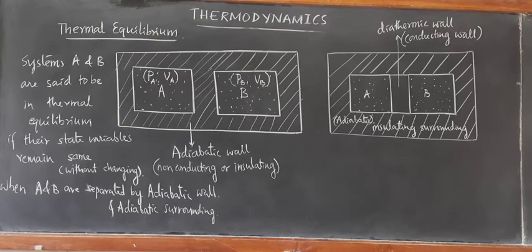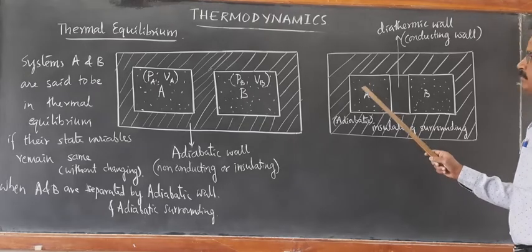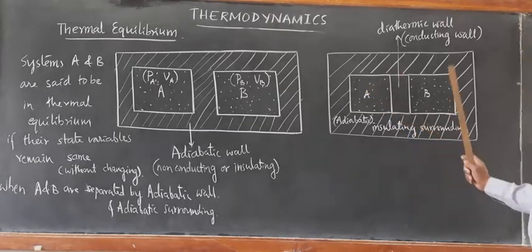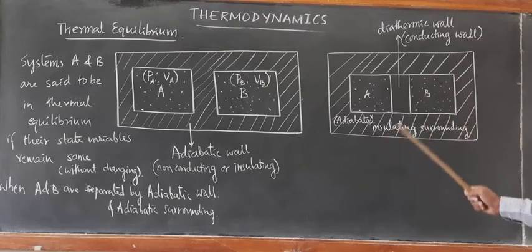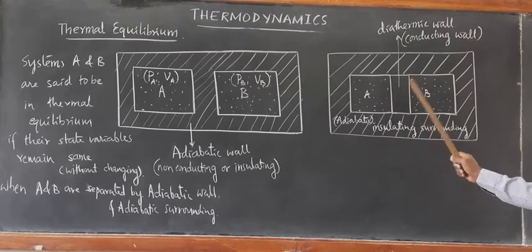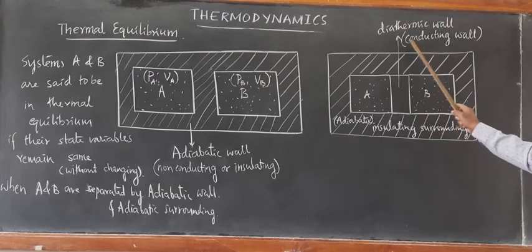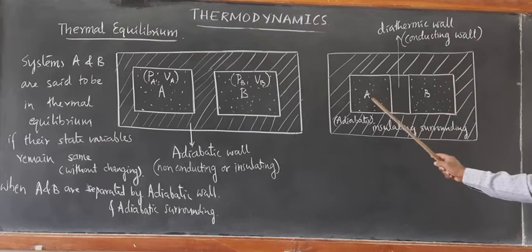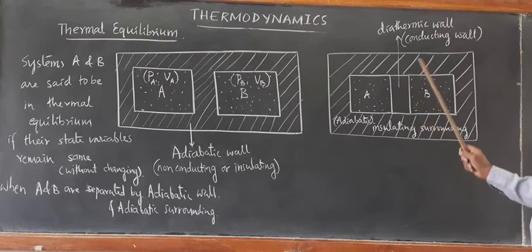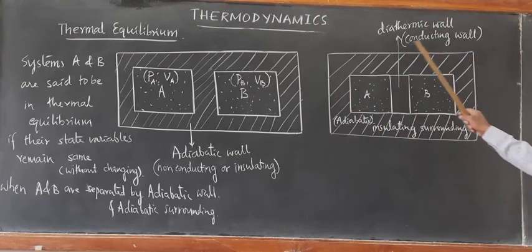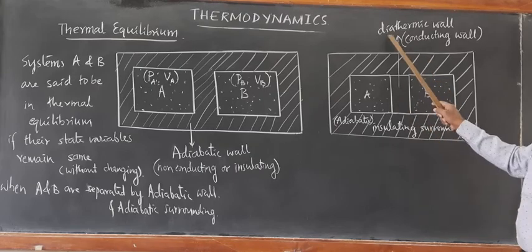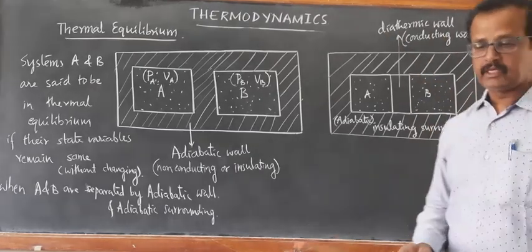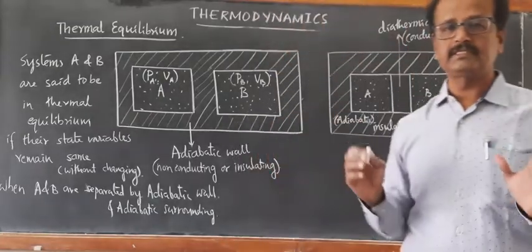Now consider the second situation wherein the same systems, A having pressure PA and volume VA and B having pressure PB and volume VB, are kept separated by a heat conducting wall, so that heat exchange can take place, and surrounded by an adiabatic, insulating wall. This conducting wall is also called a diathermic wall. Diathermic means which is ready to conduct heat.